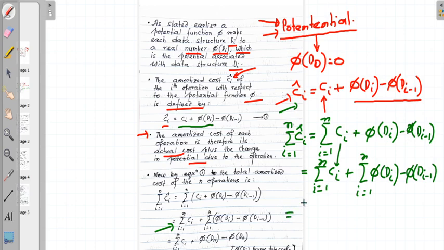Now you see the sum of Ci from i equals 1 to n remains intact, so I keep it inside the bracket because it is within the summation. Now expand this whole term. If i equals 1, it will be phi of D1 minus phi of D0.